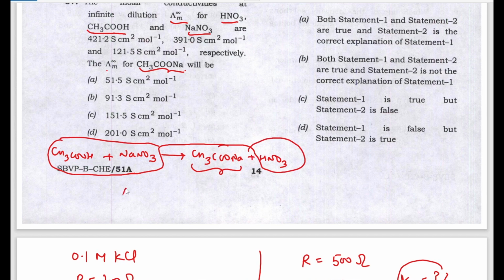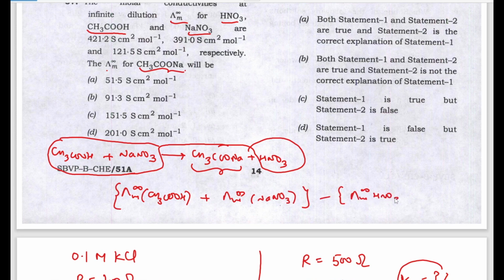So add the value of acetic acid and sodium nitrate and subtract the value of molar conductivity at infinite dilution for nitric acid.